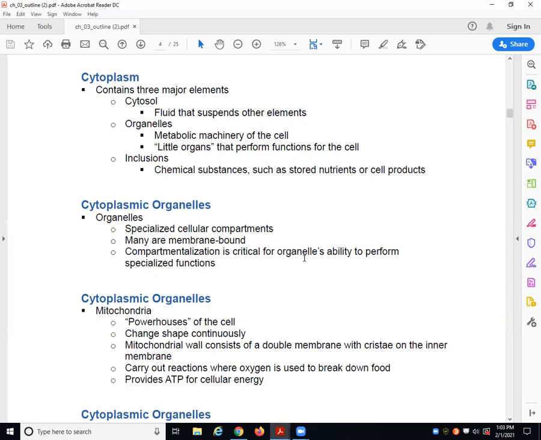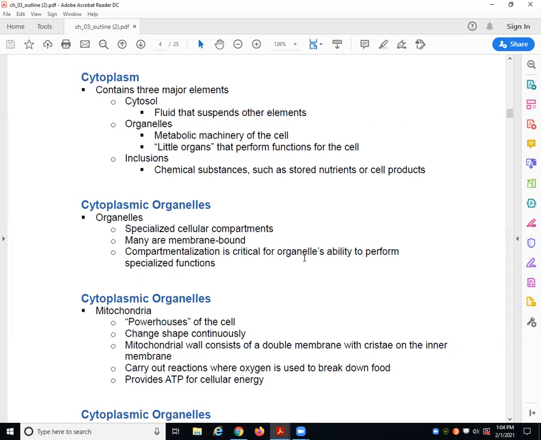The organelles are specialized regions inside the cell that have specific functions. Many of them are membrane bound, meaning they have a membrane that encloses them, like the nucleus or the cell membrane. This compartmentalization, divvying out responsibilities to the different organelles, is critical for their ability to perform the different functions.